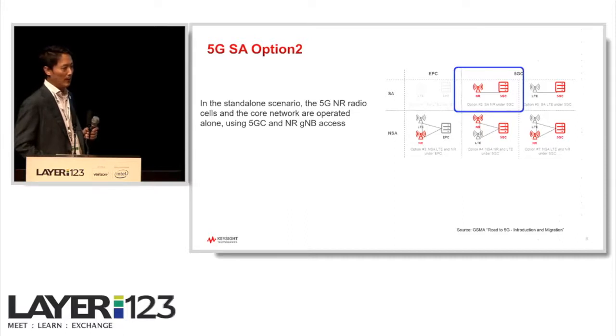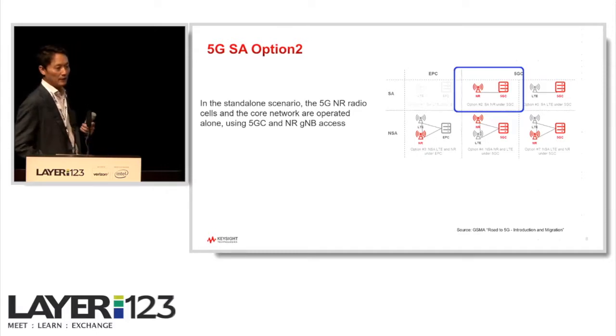So at Ixia, we figured out that all the interfaces in 5G core networks are totally different. Okay, especially for the control plane, they're moving on to more like HTTP2-based protocols, and the user plane stays the same as 4G.